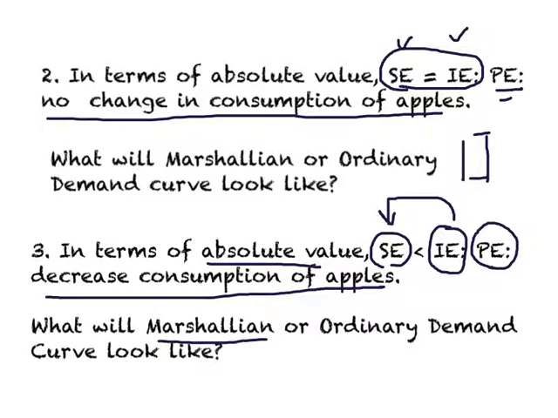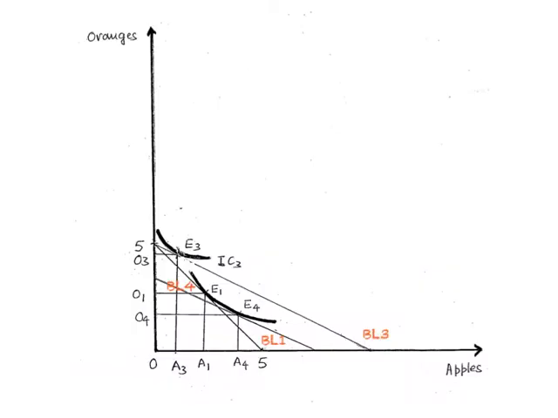What will the Marshallian and ordinary demand curve look like in this case? It will be upward sloping. So like in my intro level class on demand, I had shown you demand curve could be downward sloping, vertical, horizontal, or upward sloping, and this happens to be a rigorous proof as to why that may happen.